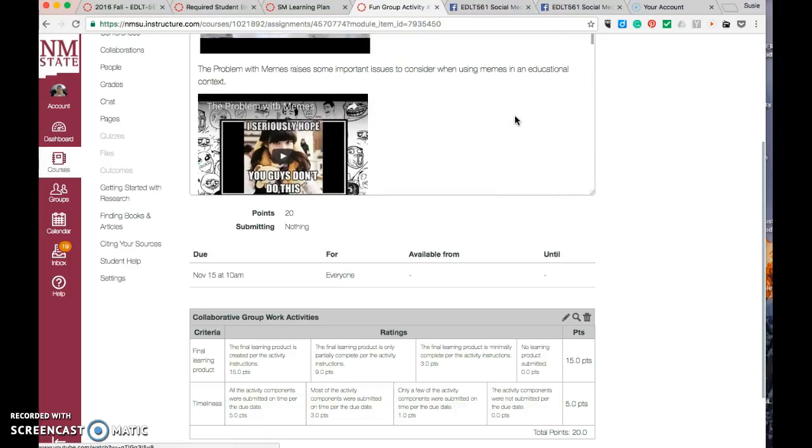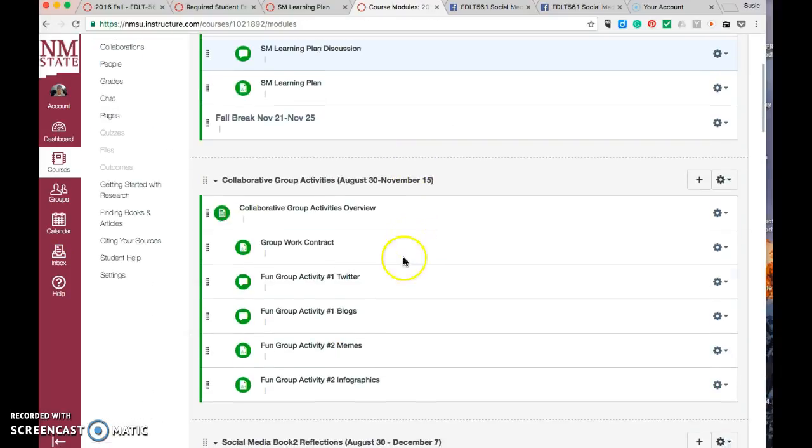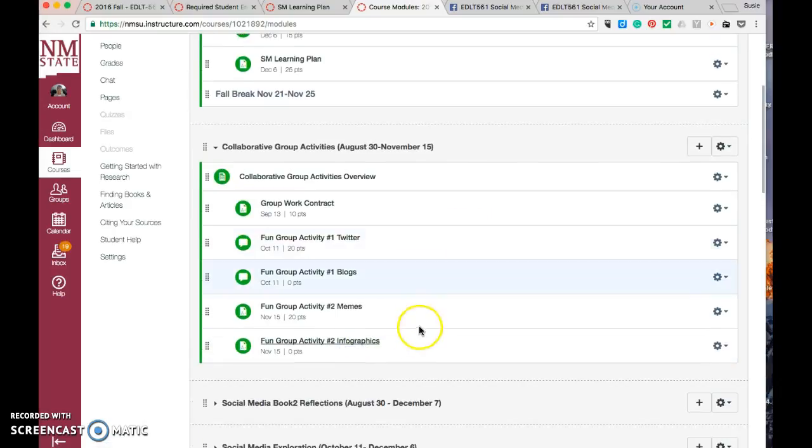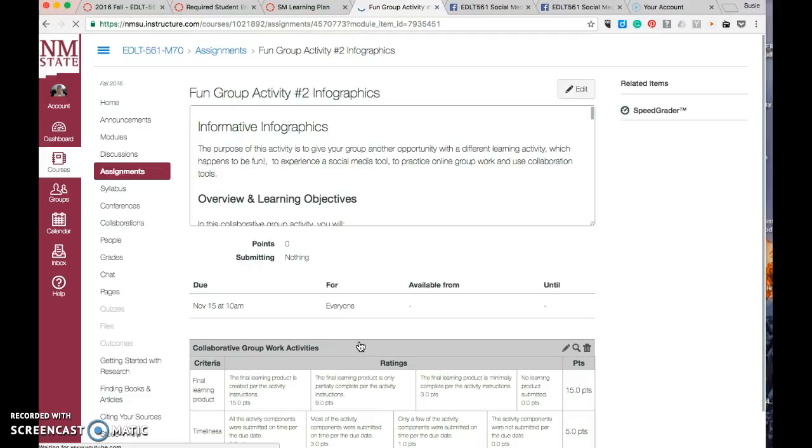Now, the role of your group mates in your collaborative groups is to provide you with feedback, go look at your memes, and also to help you improve them. Now, if you are doing the infographic collaborative activity instead of the memes, the directions are a little bit different.